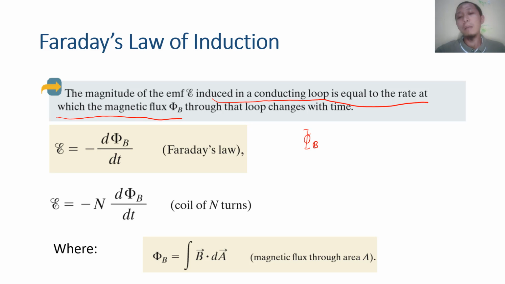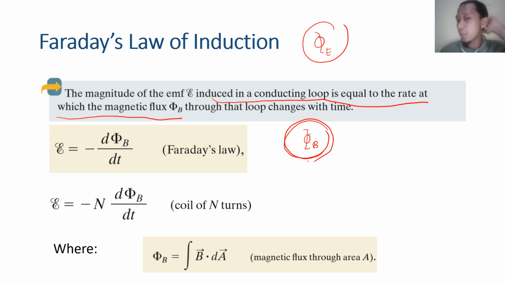You remember we discussed electric flux before, and today we know that this is the magnetic flux through the loop changing with time. So the EMF is minus d magnetic flux per dt. This is Faraday's law.